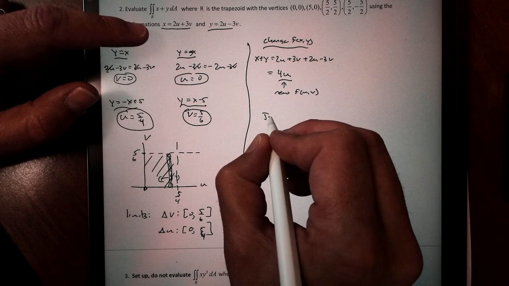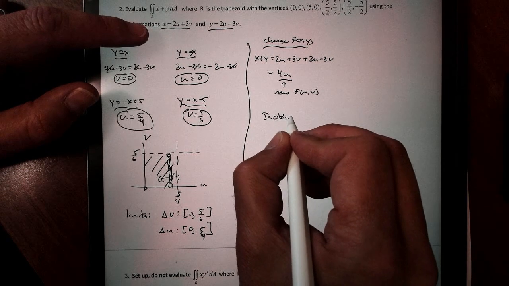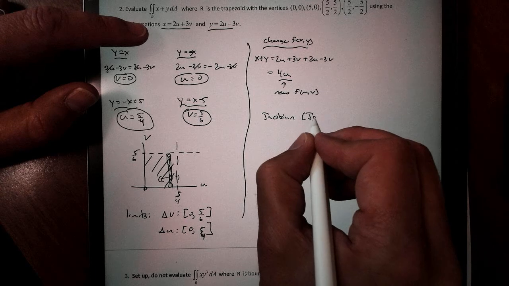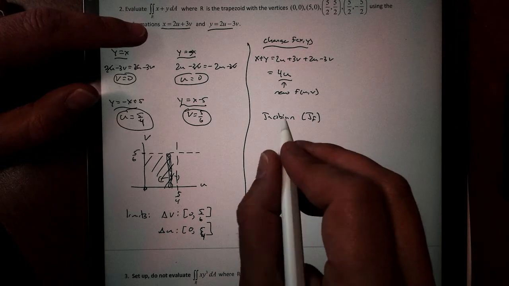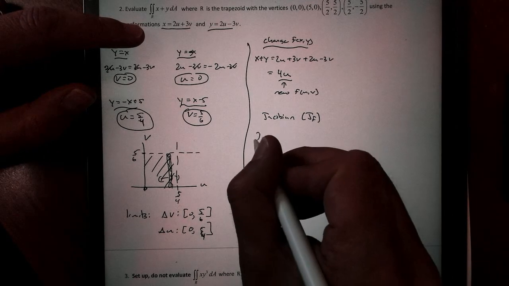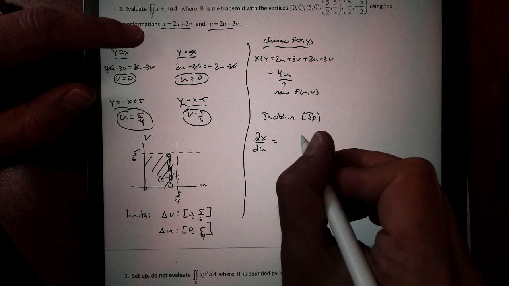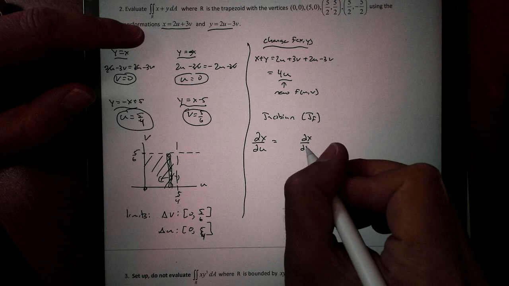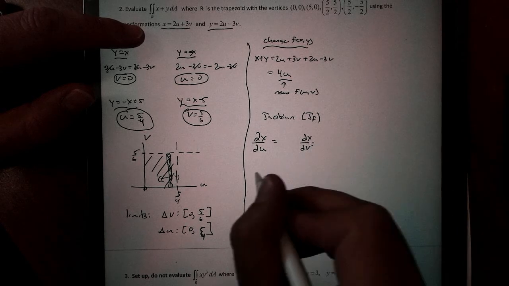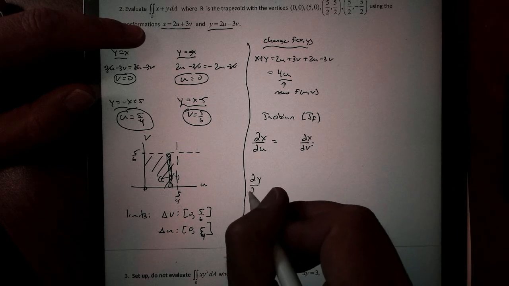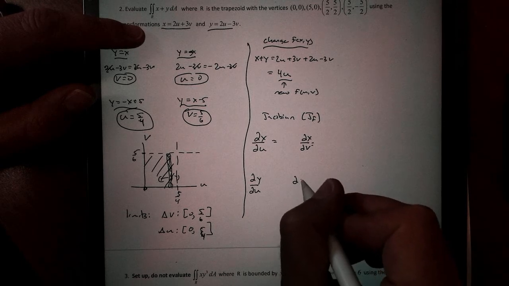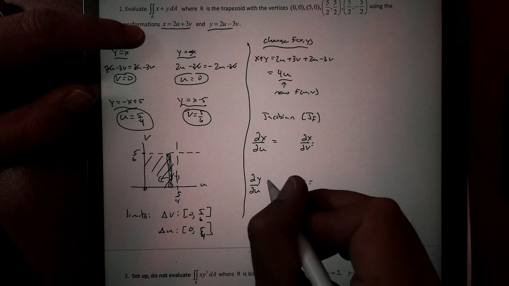And now we want our Jacobian determinant. Sometimes we'll call it just J sub f. So we need the partial of x with respect to u, the partial of x with respect to v, the partial of y with respect to u, and the partial of y with respect to v.